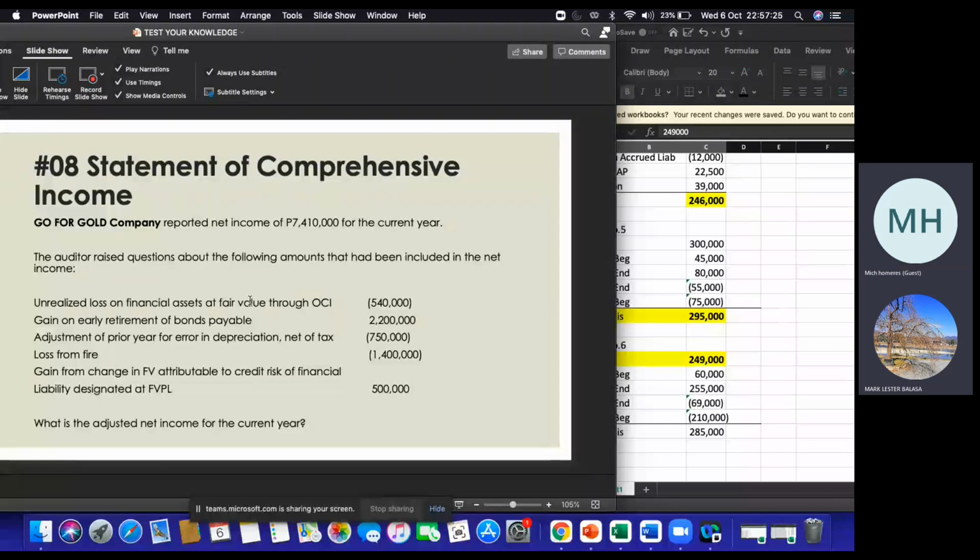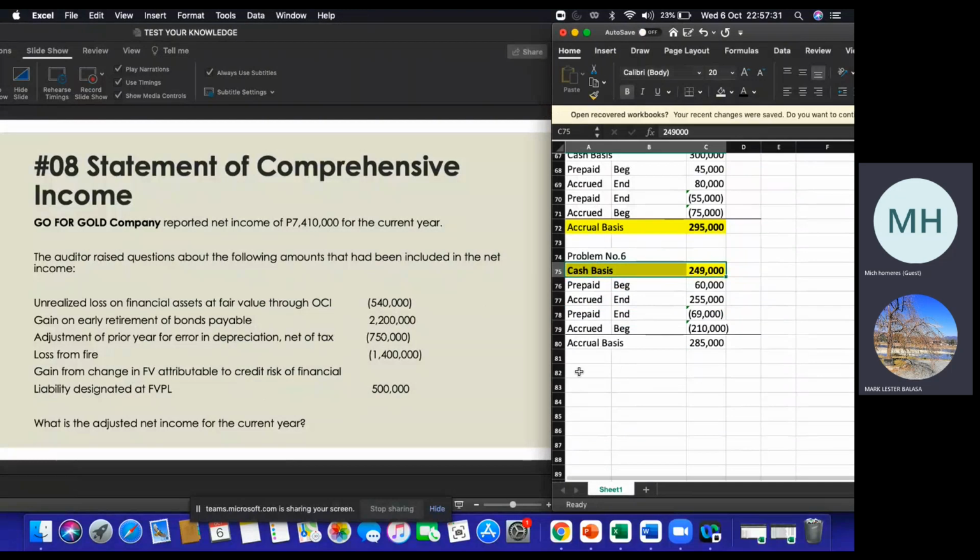Ngayon, alamin natin kung kasama ba talaga itong mga items na ito sa net income. So, meron tayong unadjusted net income. Okay? Unadjusted net income natin ay 7 million for 10. Okay? Alright. Ito, unrealized cost on financial assets at fair value through OCI, kasama ba dapat talaga ito sa net income?